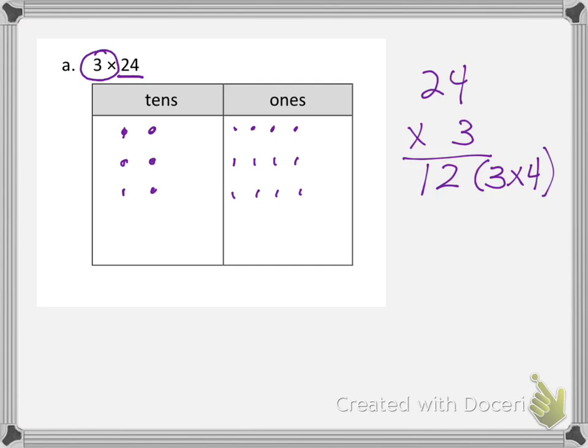And then over in the 10s column, we have 6 10s. What is 6 10s? Well, that's a 60. And how we got that is because we had 3 rows multiplying that by 20. That's how we got 60.